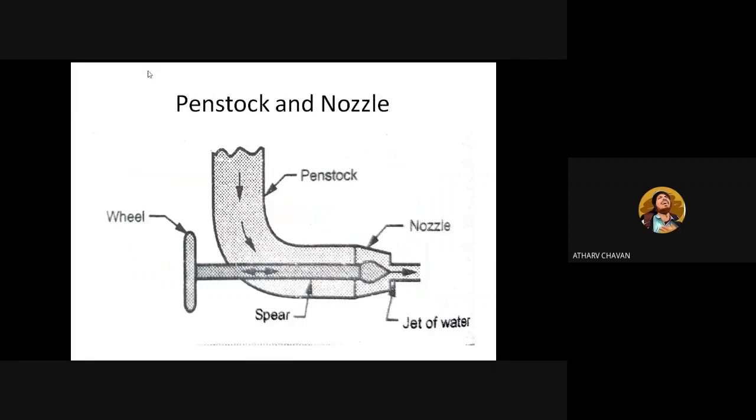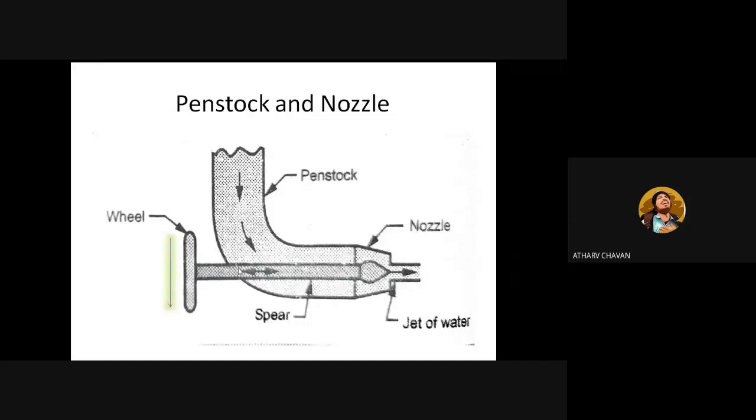Penstock and nozzle. When the water from the dam enters through the penstock, because of the nozzle it increases its velocity and gushes out, and it strikes the turbine. So the extra assembly here is the nozzle, the wheel and the spear.